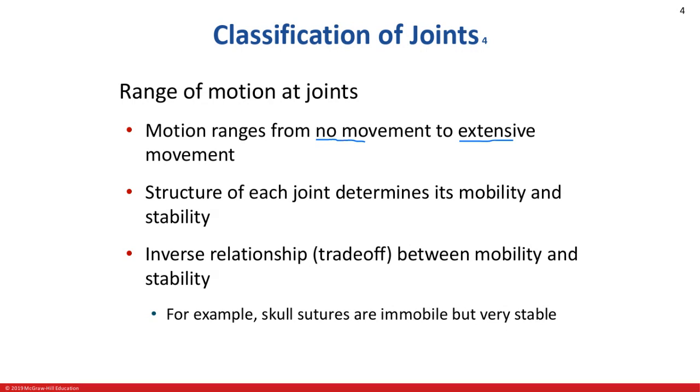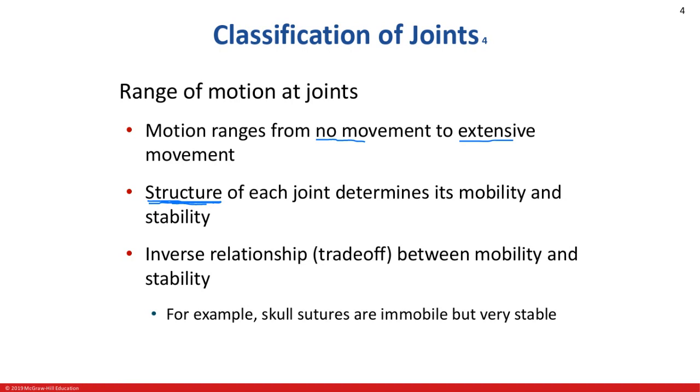And again, the structure or the anatomy of that joint is going to determine its mobility, and by default, its stability, because mobility in a joint and stability are related to one another. You have to know that concept, okay?